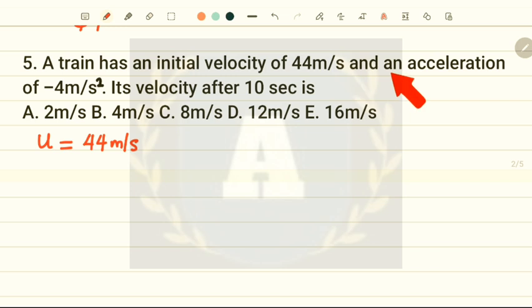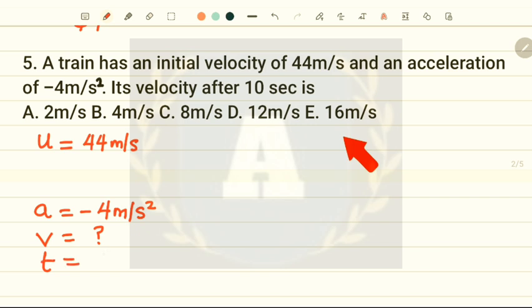And it has an acceleration of minus 4 meters per second squared. That's deceleration, negative acceleration. Its velocity after 10 seconds, that is the final velocity you are asked to look for after the time of 10 seconds, is what?